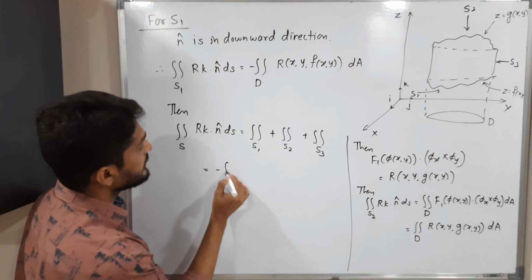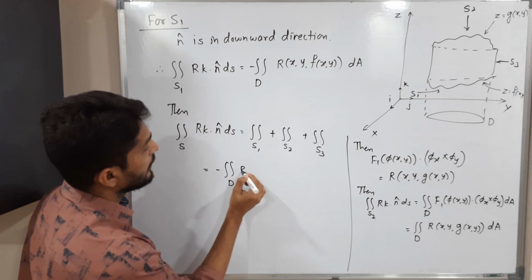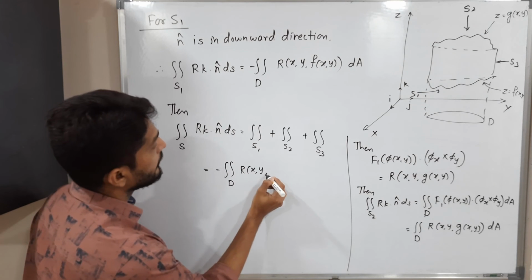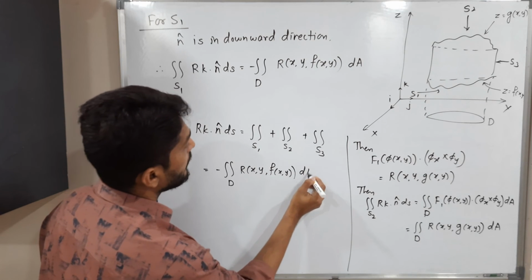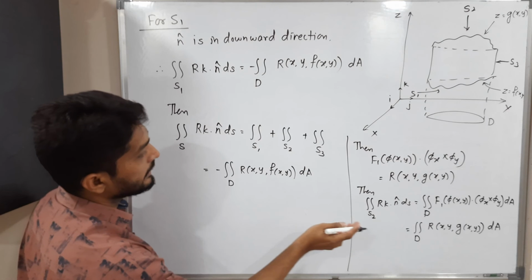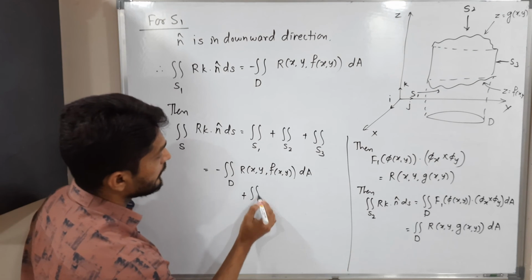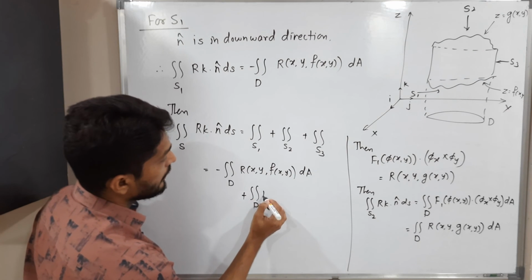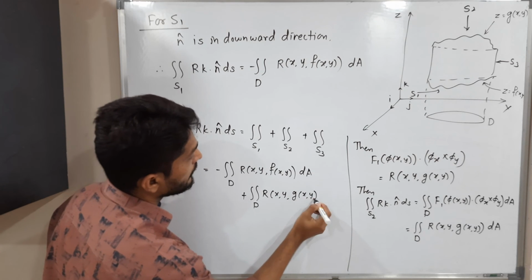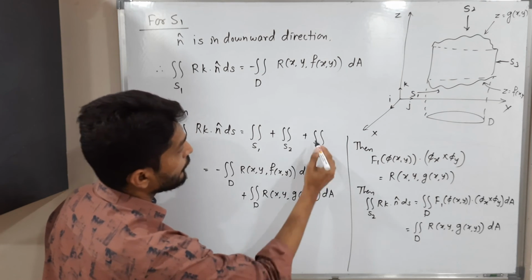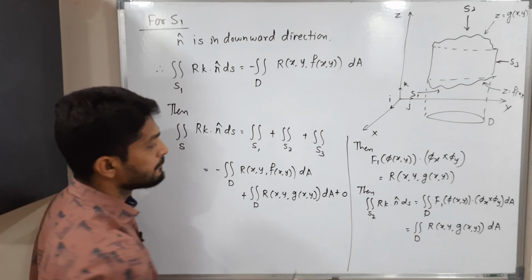It is minus the double integration over D of R x y f of x y dA. The value of the second surface integral is this one, plus the double integration over D of R x y g of x y dA, and the value of the third one is 0.